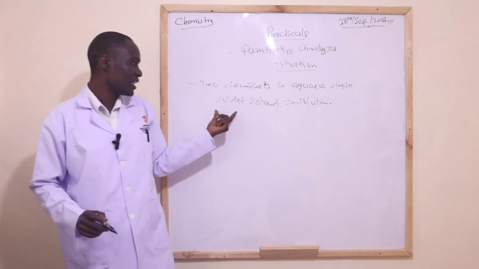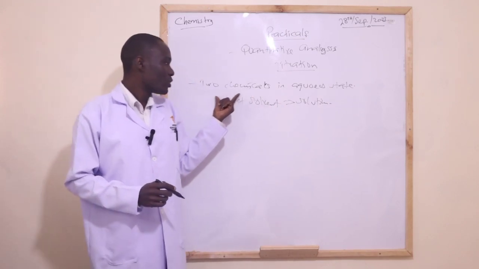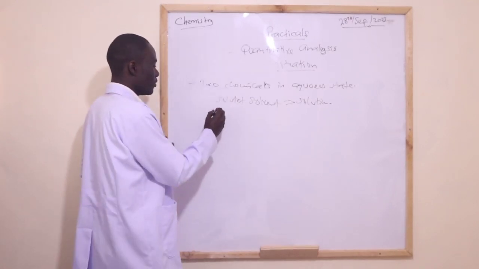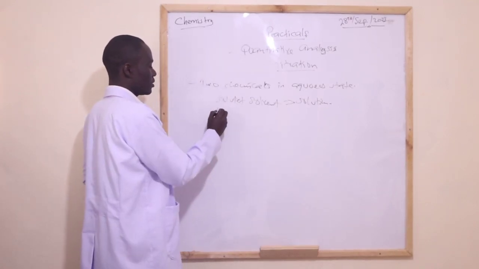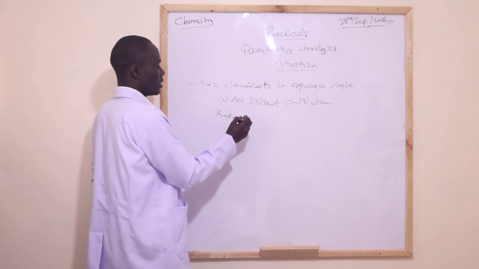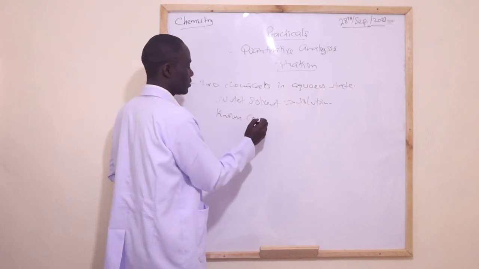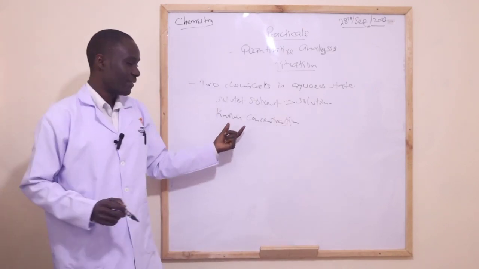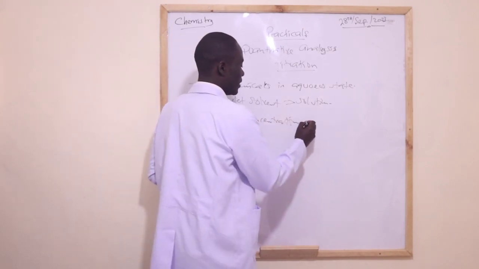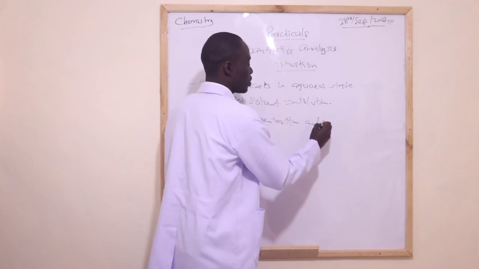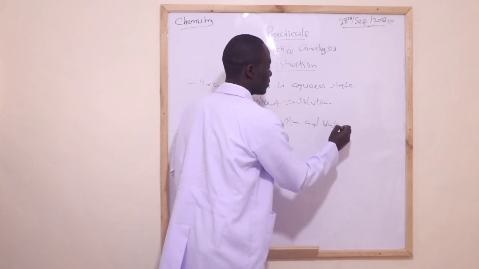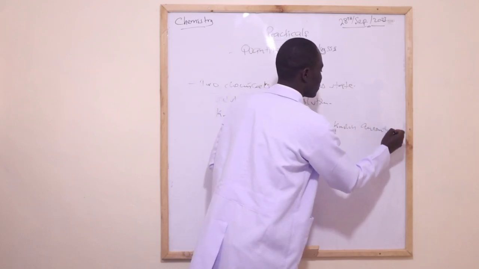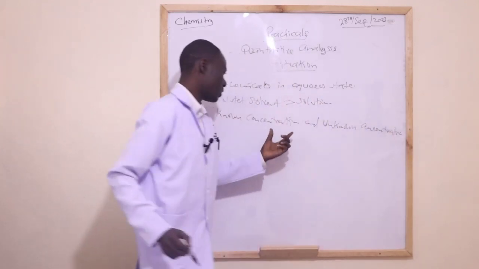So one of the solutions used in titration is of known concentration. The other one has an unknown concentration.